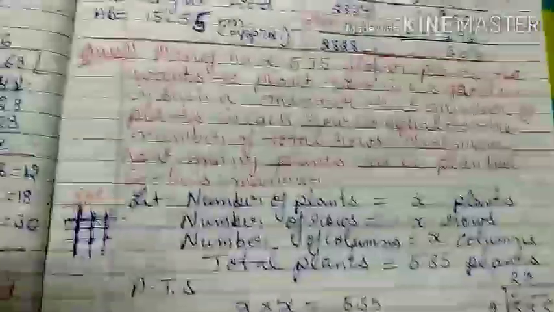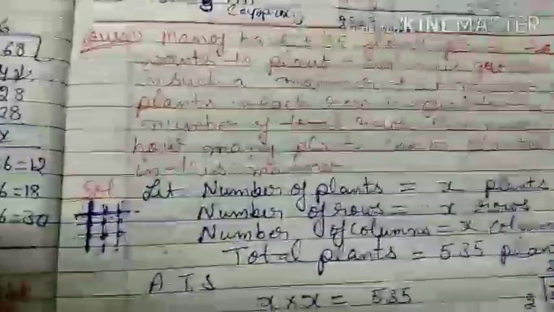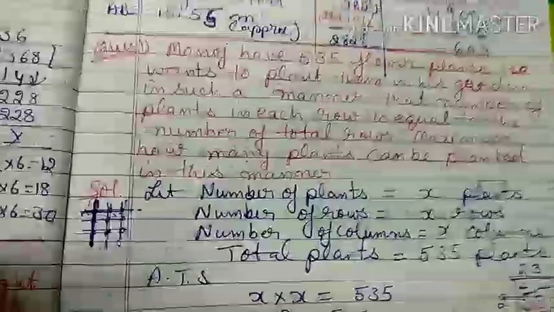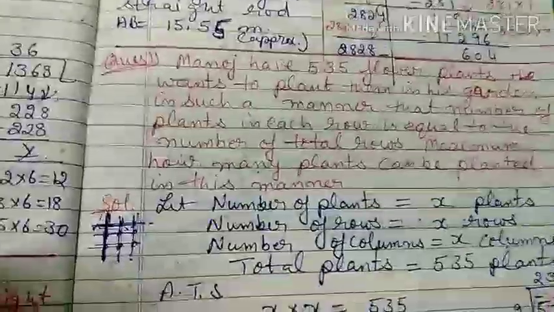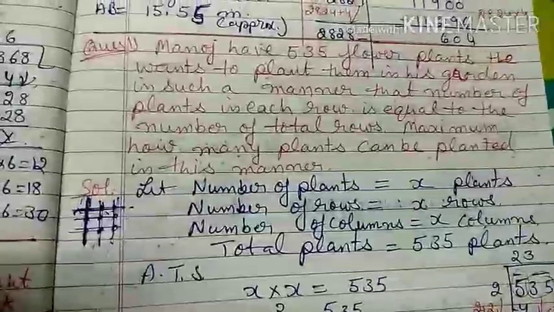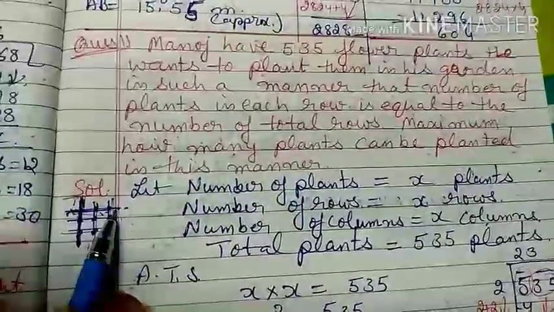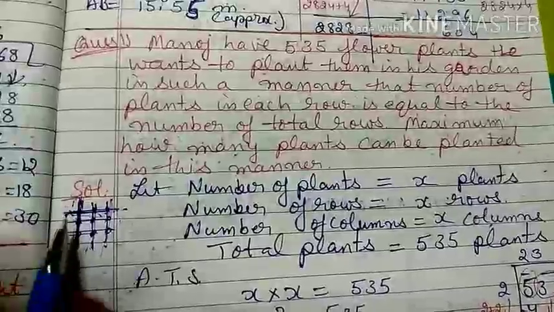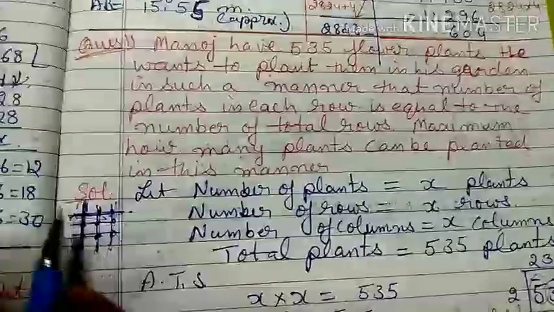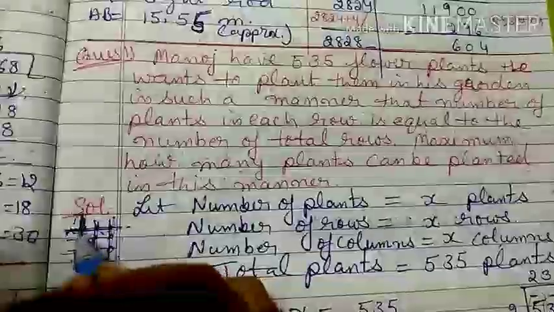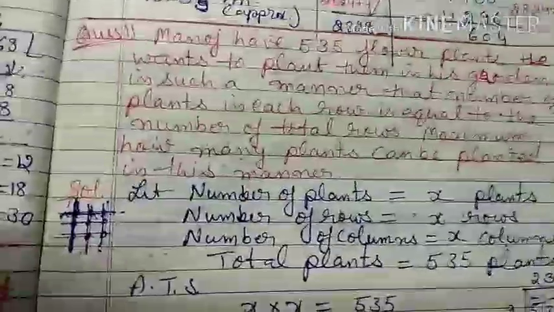So it doesn't mean that it will be 5, it may be 535 or less. Okay, because the condition is that there should not be any space left in the number of rows and number of columns. Number of plants in each row is equal to the total number of rows. If I have 3 rows, that means there will be 3 columns, because when a column and a row meet at one point, that is the position of the plant.